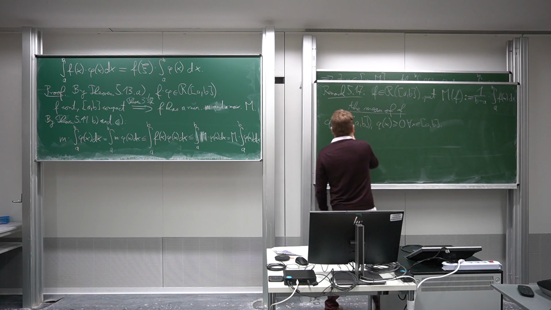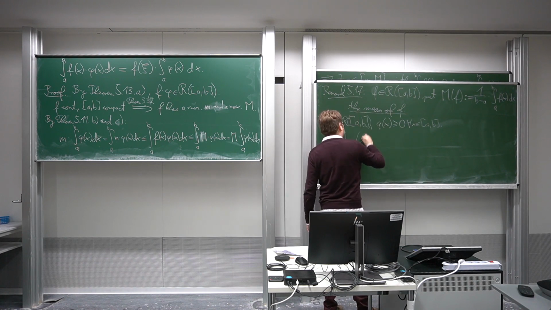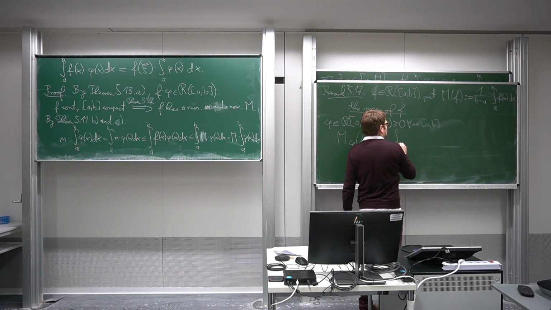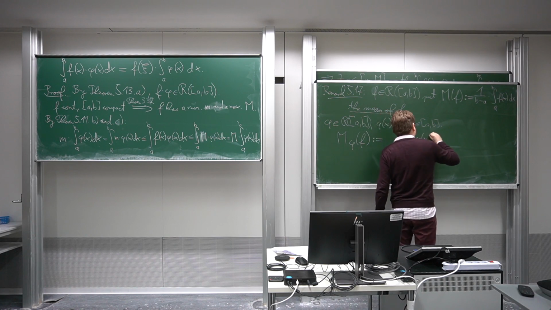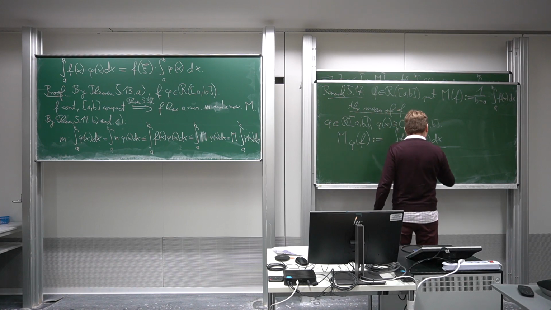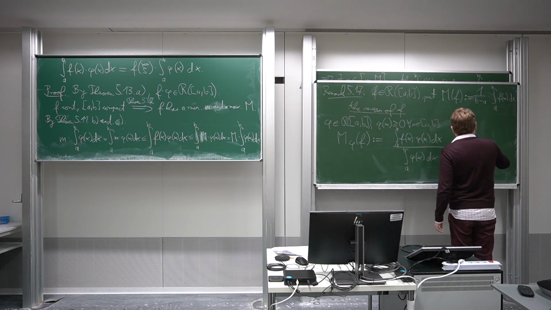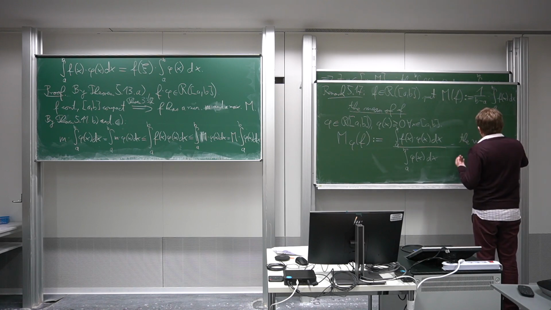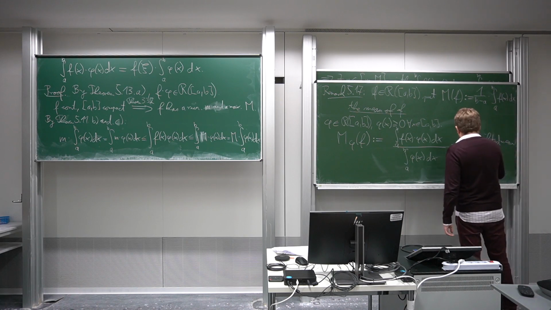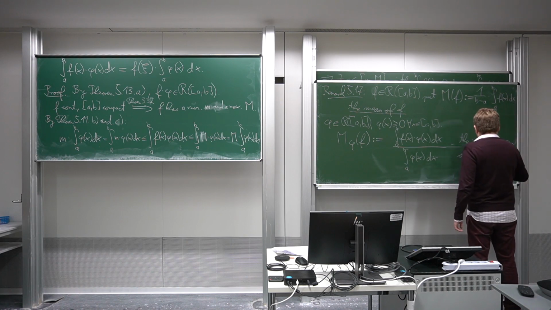Then the quantity m index phi of f is defined as the integral from a to b of f of x times phi of x dx divided by the integral ab of phi of x dx. This is called the weighted mean. So phi is seen as a weight. I will explain this in a bit. The weighted mean of f with respect to phi.